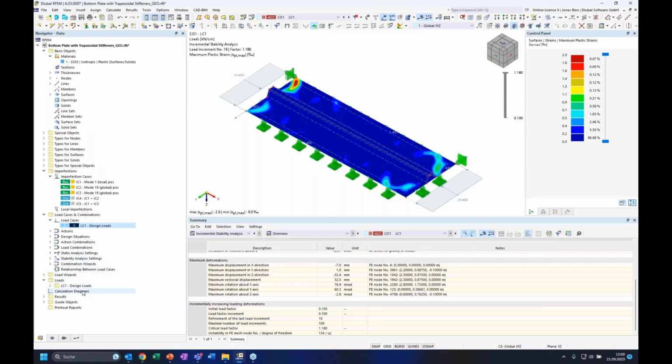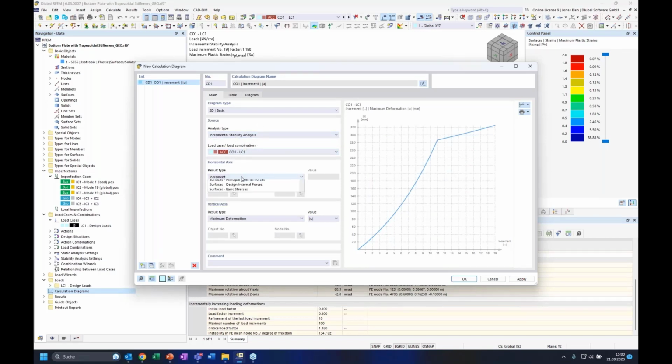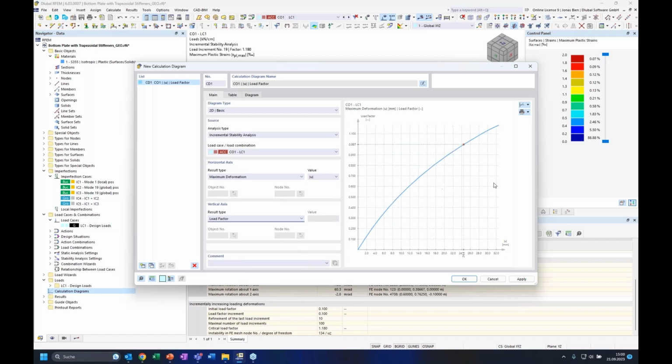Then secondly, we should check the maximum of the load deformation curve. So I also do that inside the program. I switch the analysis type and I plot the results the other way around than Andreas. I like to have on my horizontal axis the maximum global deformation, and on the vertical axis my load factor.